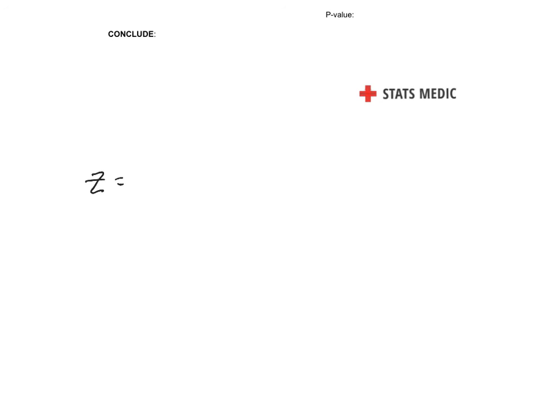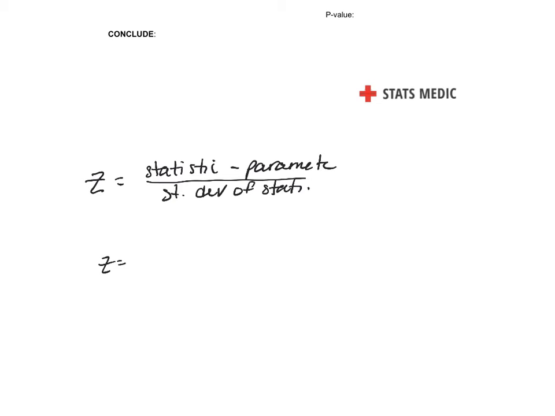So Z, which is my test statistic, remember, is equal to the statistic minus the parameter over the standard deviation of the statistic, which for us is equal to negative 0.08 minus 0 over 0.01, which gives me a Z value of negative 0.79.